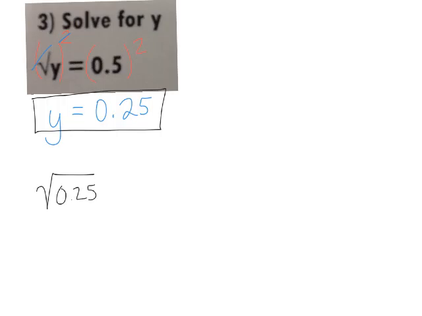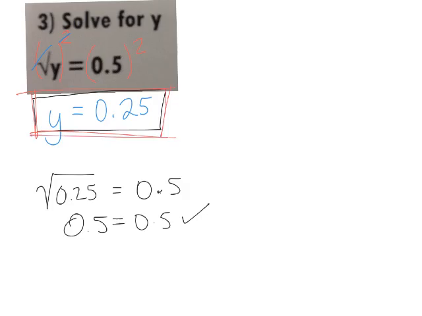The square root of 0.25 equals 0.5, and I'm just going to test to see if that's true. So what is the square root of 0.25? It is indeed 0.5. So as long as that works, we can say yes, this is the true solution of the equation.